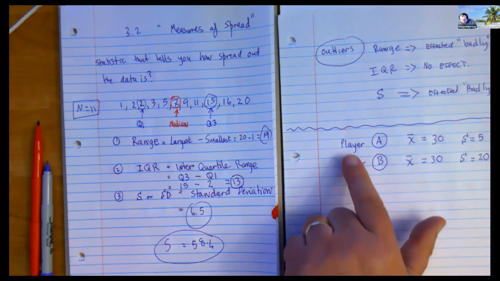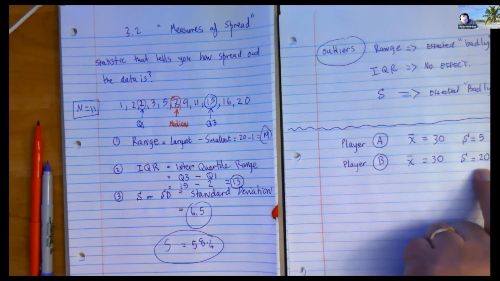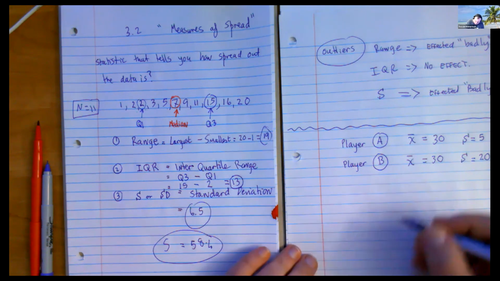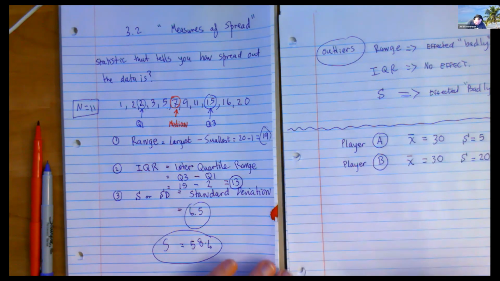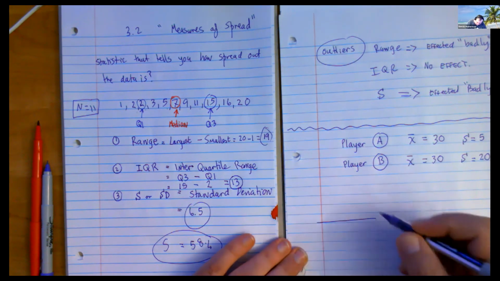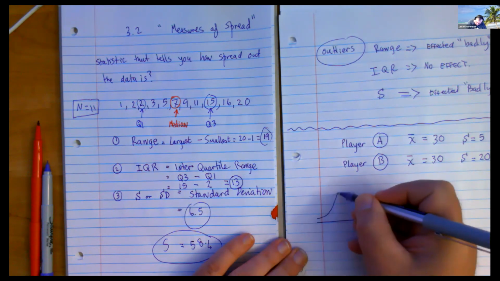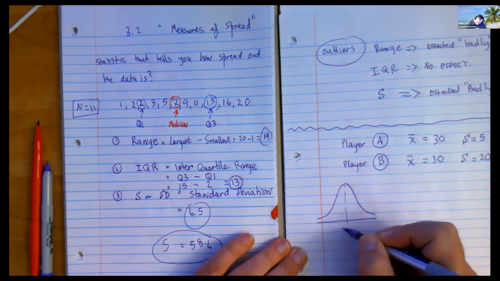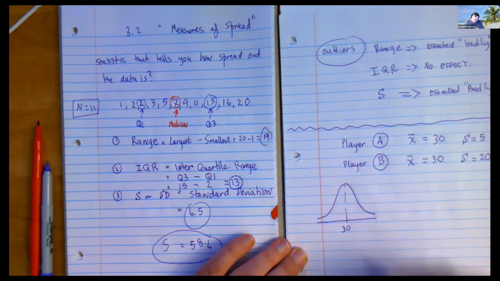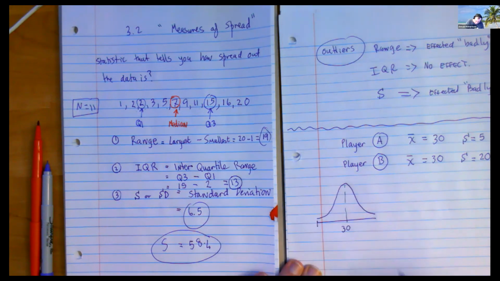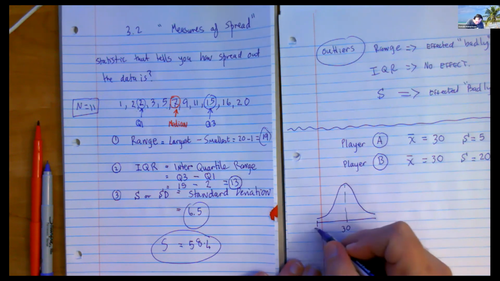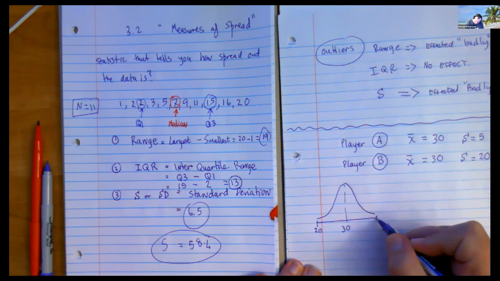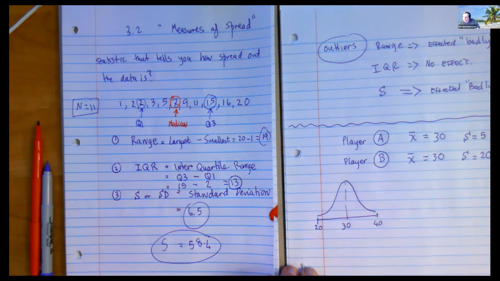So if I was going to describe these two players, what I might say is that if you looked at player A and you looked at all the games that he played, and it was symmetric, we'll assume that it is, his data might look something like this. And he might score anywhere from 20 to 40, roughly, right?